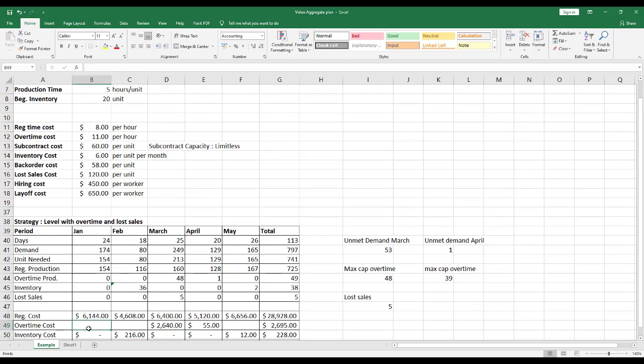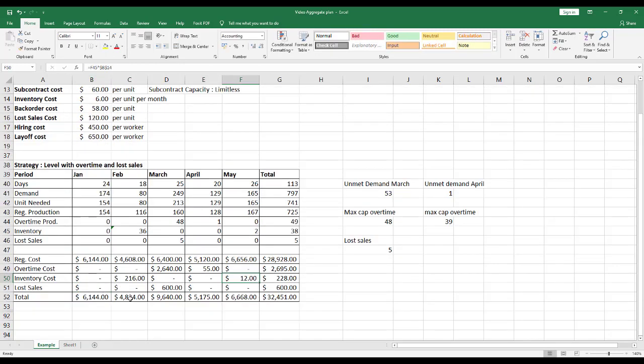For the others, because it's 0, so we can enter 0. And we can see the total cost is 32,451.